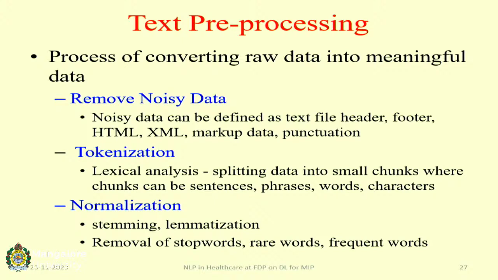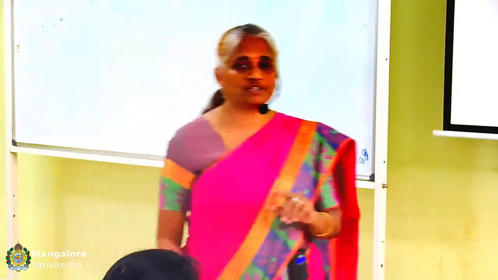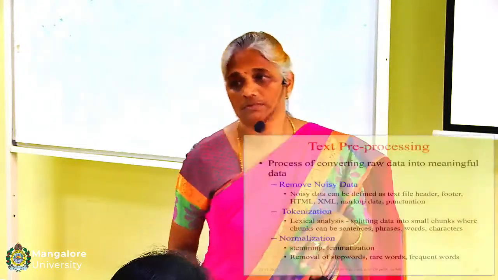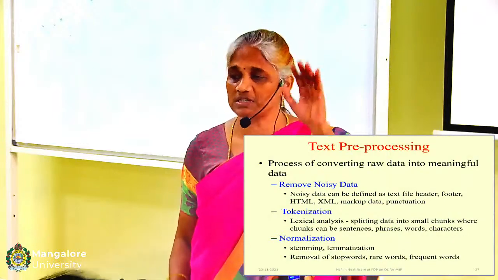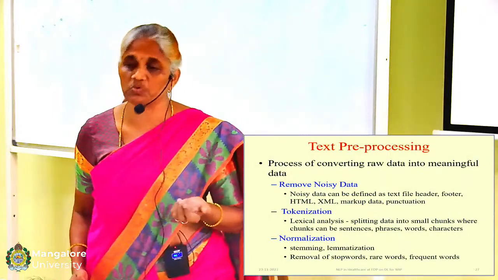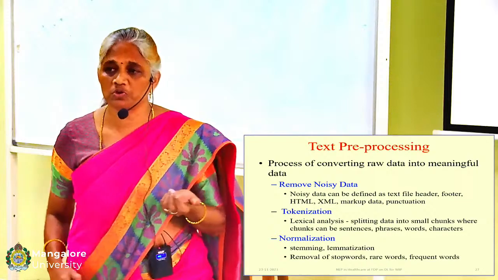Let us say a feature is present in all the samples. It could be image, it could be video, anything. Can we use that feature to distinguish between the classes? It is present in all the classes. Frequent words are those present in most of the samples, most of the documents. They do not contribute much.